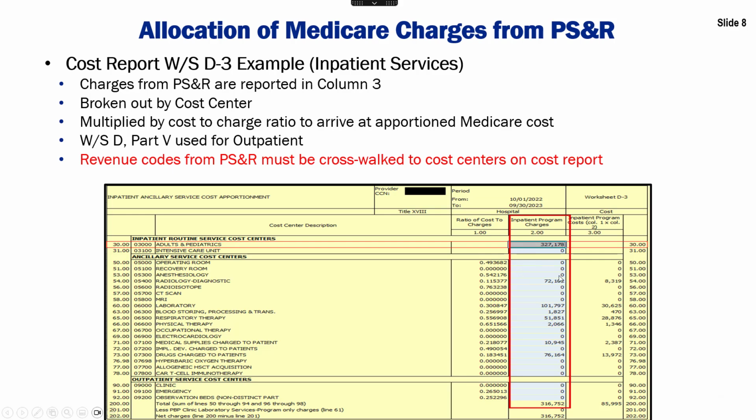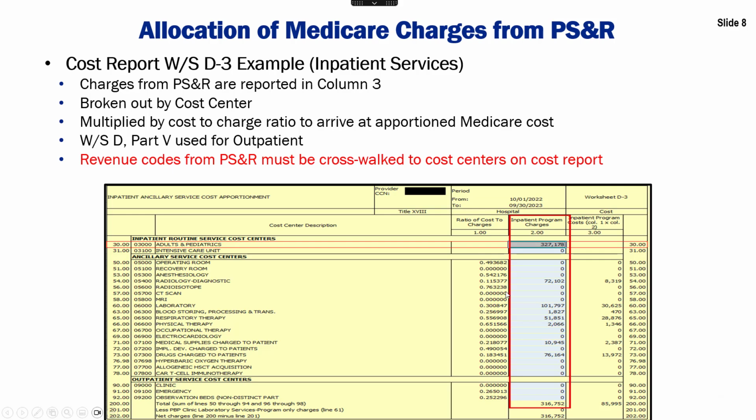Now, if this was a critical access hospital, this directly impacts their cost reimbursement. For acute, it might have a pass-through impact or might just be informational only. But let's just say they accidentally, or maybe it was just a complete typo or whatever, allocated those charges into cost center 56 instead, radioisotope, completely different thing.